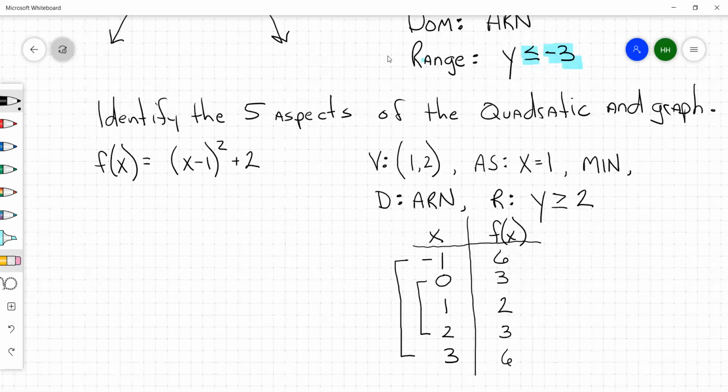So your graph would look like this. Your vertex is at 1, 2. So there's your vertex. Then you've got a point that's at 2, 3. And 0, 3. And then a point at 3, 6.